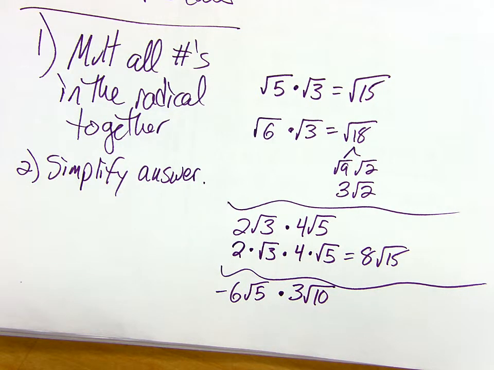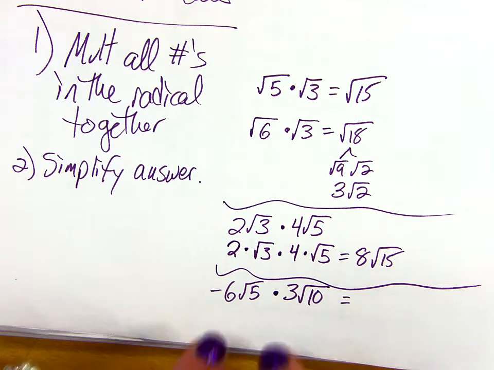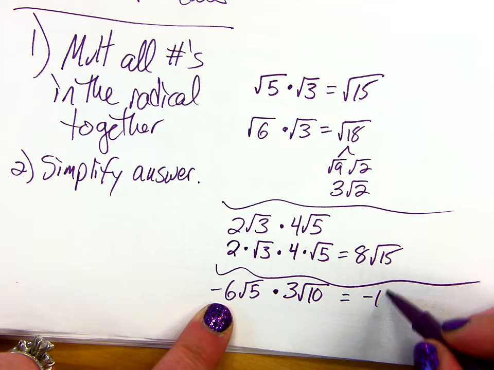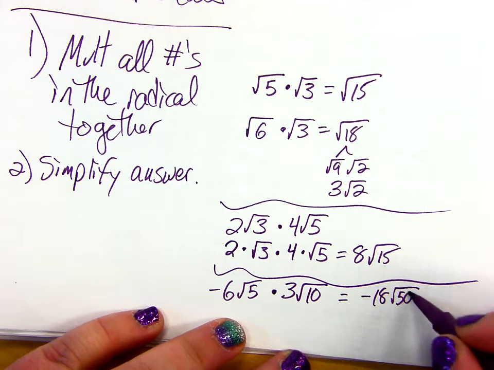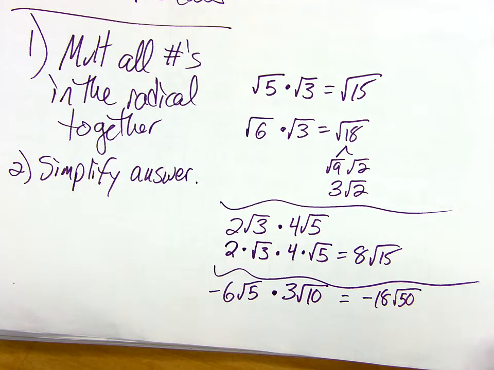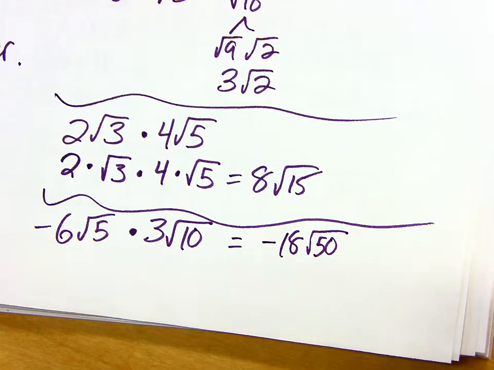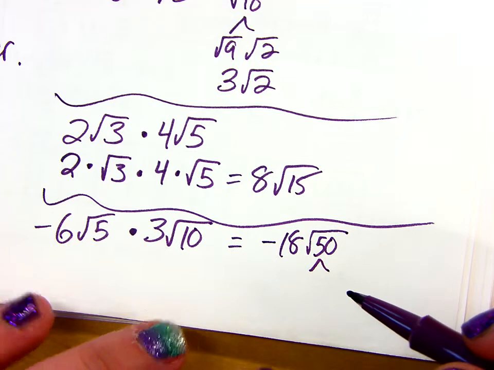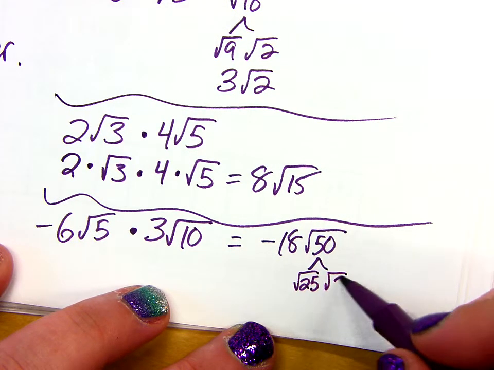Okay, got an answer? When I do my first step and I just multiply, a negative 6 times 3 is a negative 18, and then in the radical I have 5 times 10, that's 50. So did you get negative 18 root 50? Good. Then you asked yourself, is that a final answer or can that be simplified? It can be simplified. The largest perfect square that goes into 50 is 25. So hopefully you've split that into 25 and 2.